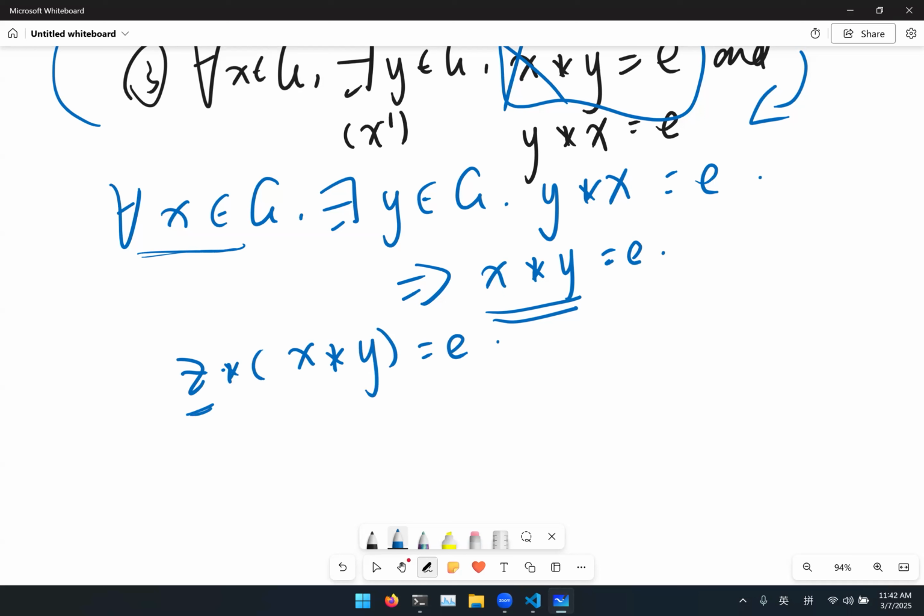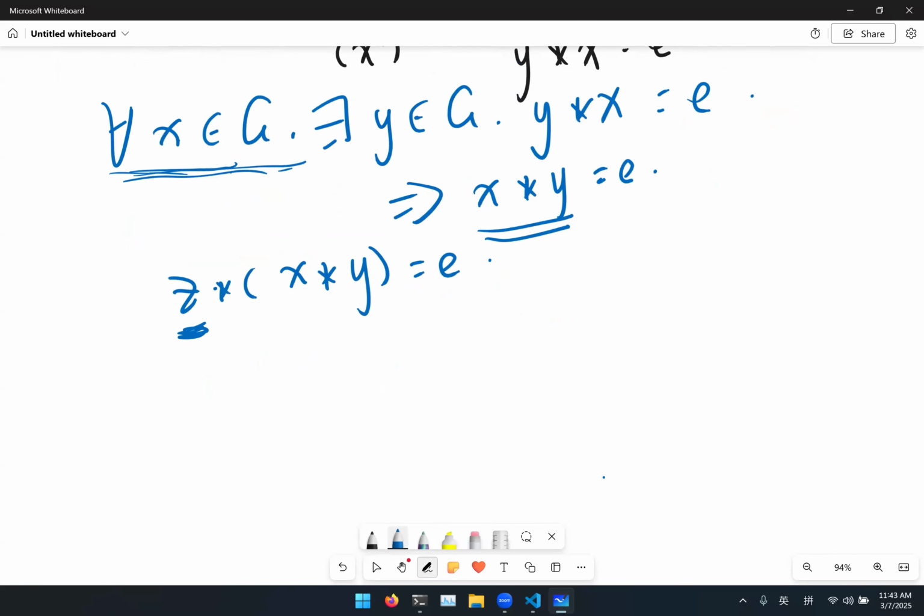This z is due to this statement. Because x is under the universal quantifier, you can specify x to be x multiplied y, and you will have a z here, which is a left inverse of this element. And the first thing you do is you apply the left identity. To be serious, we only have the left identity here.